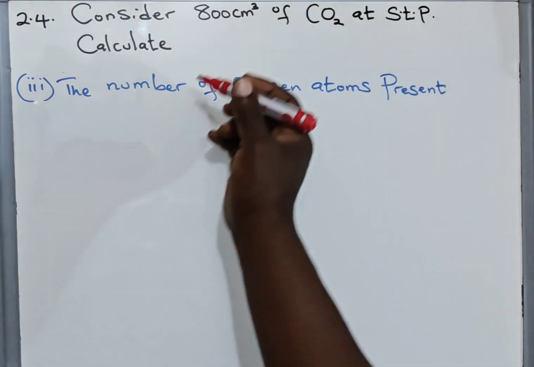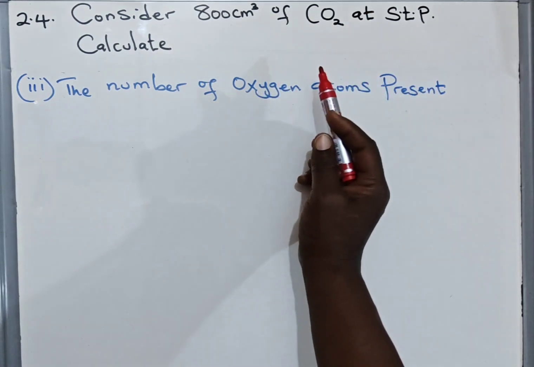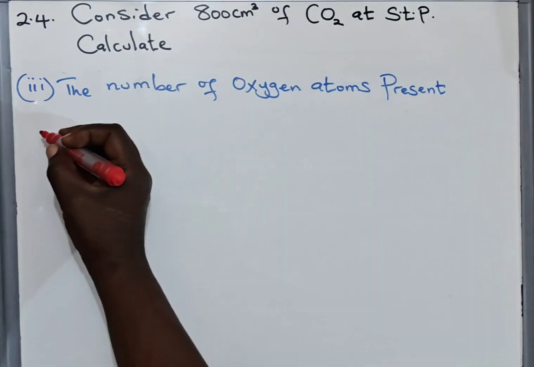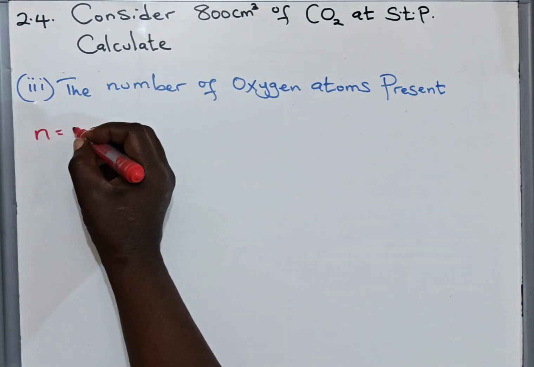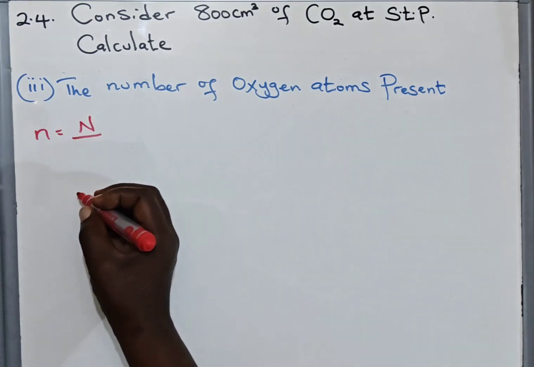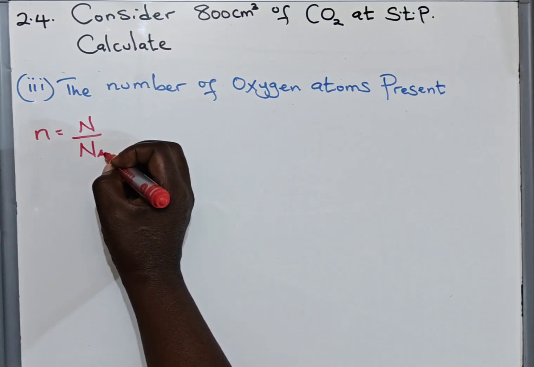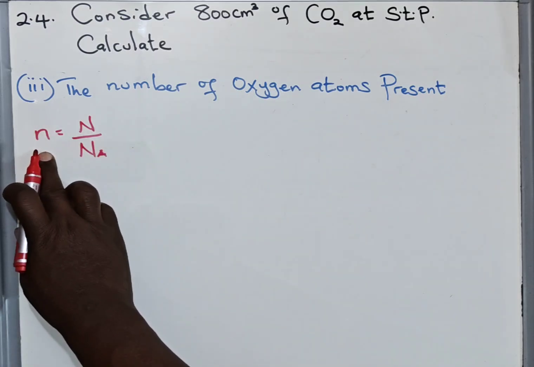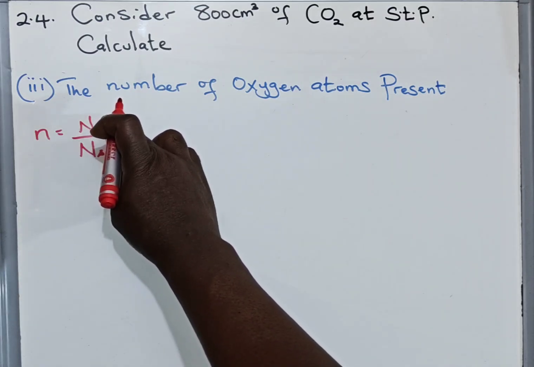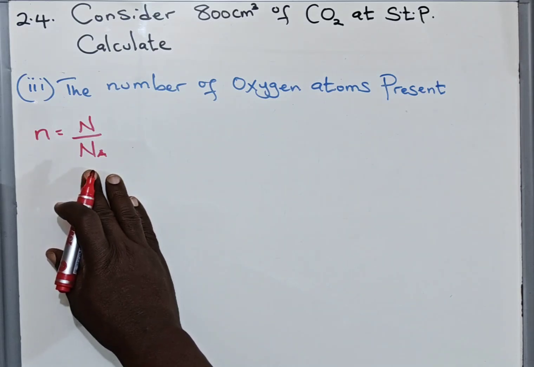The best approach here is to first calculate the number of carbon dioxide molecules, because we are dealing with a molecular compound, and the formula is n equals the number of carbon dioxide molecules over Avogadro, where small n stands for number of moles, capital N stands for number of molecules, and Na stands for Avogadro number.